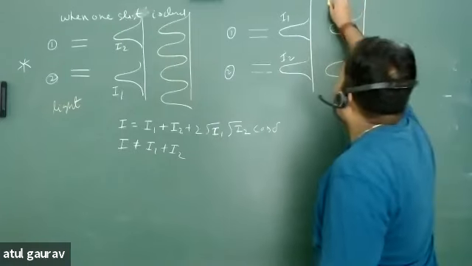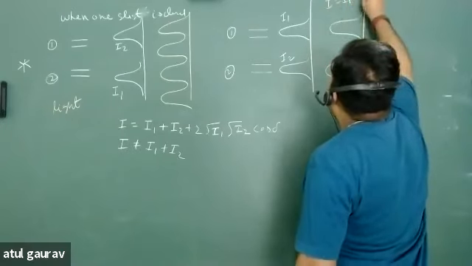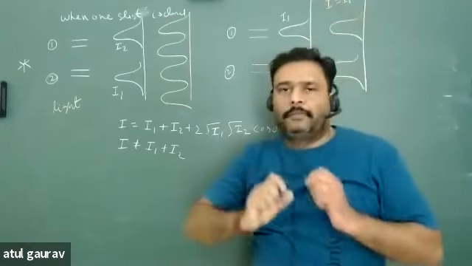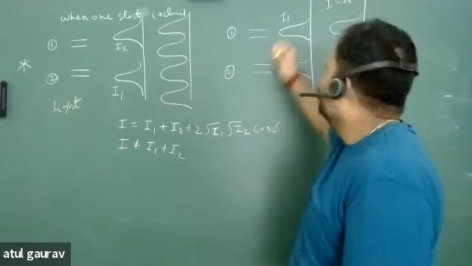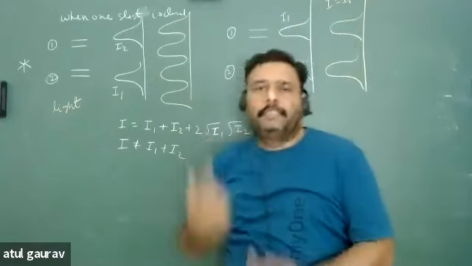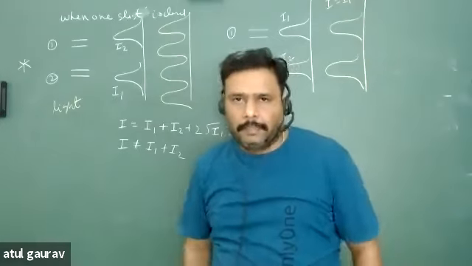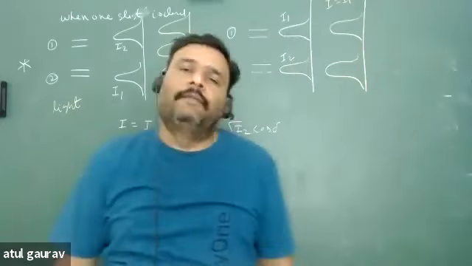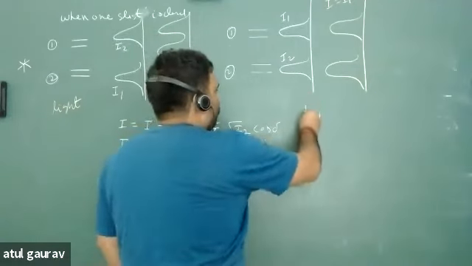So here I have I is equal to I1 plus I2. If I am throwing 100 marbles, maybe 50 marbles will come here and 50 marbles will come here. The intensity is nothing but the number of marbles. So this is the experiment done with the marble, and this tells you the marble is a particle.